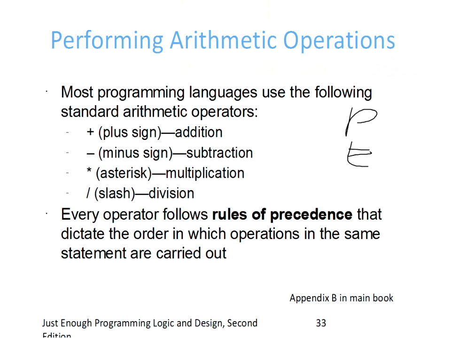So when you say please excuse my dear Aunt Sally, that means the parentheses come first, okay? And then you have the exponents evaluated next. And then you have the multiplication.